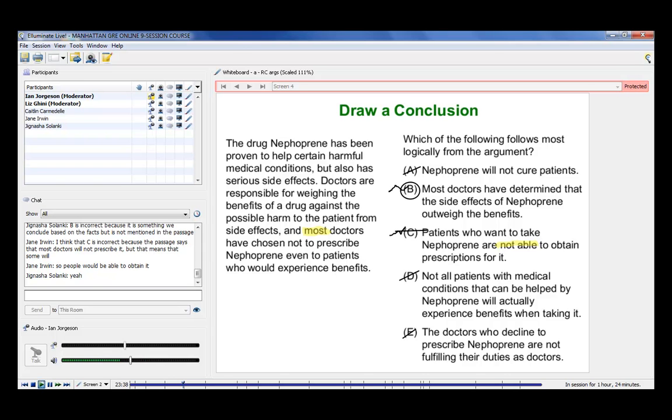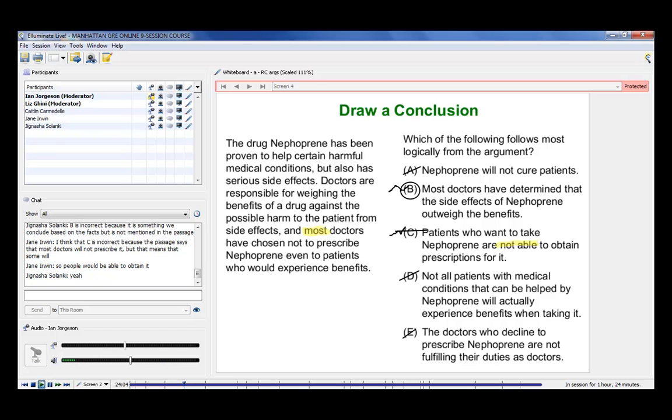But I can say B is correct because they've given me enough facts to support it very strongly. So this is the question type that is most similar to the reading comprehension. But I want to look at another question type next, a question type that's not very similar to reading comp, but is similar in one way in that it does not contain a conclusion.